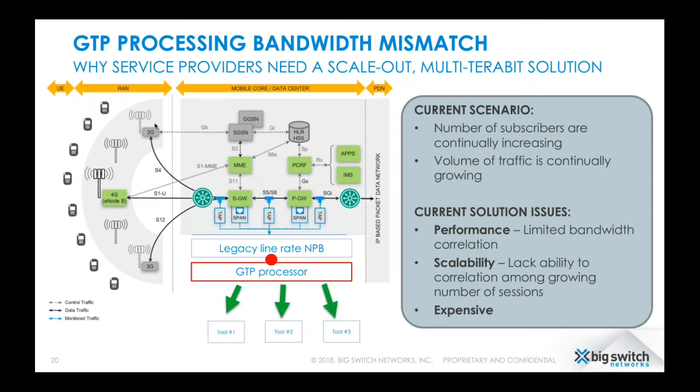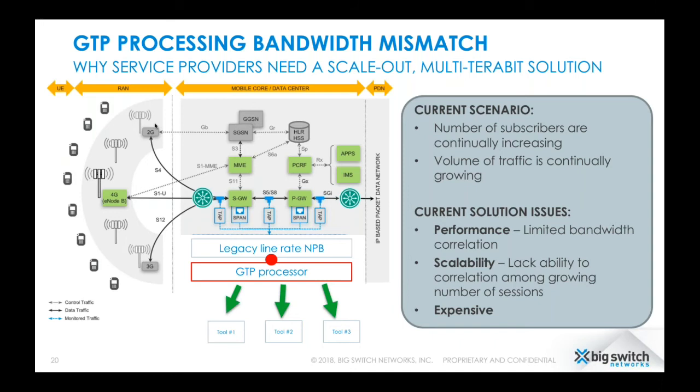It's close to about 10% of your interface bandwidth speed. So if you have a 10 gig interface, your correlation is about 1 gig. That means that if you want to correlate hundreds of gigs of traffic, you're going to need a lot of expensive network packet brokers.